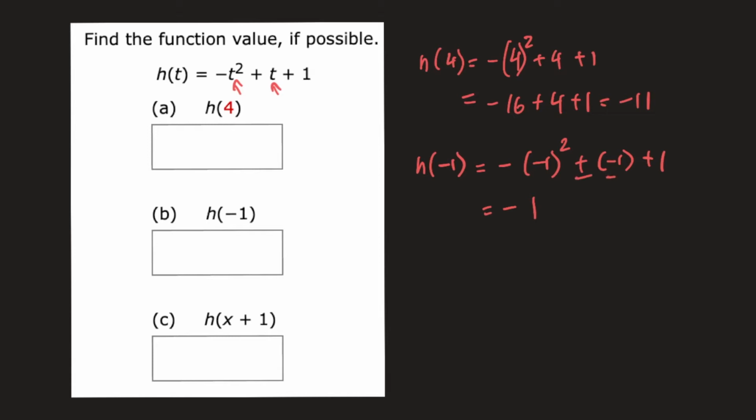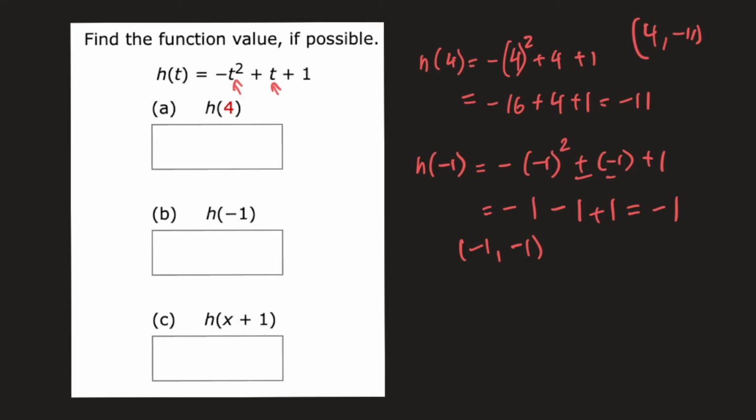Plus and a minus will turn into a minus 1 plus 1, which is negative 1. What this means is that there is a point on this function, in this case an upside down parabola, that has coordinates of negative 1 comma negative 1, or 4 comma negative 11 in the first part.